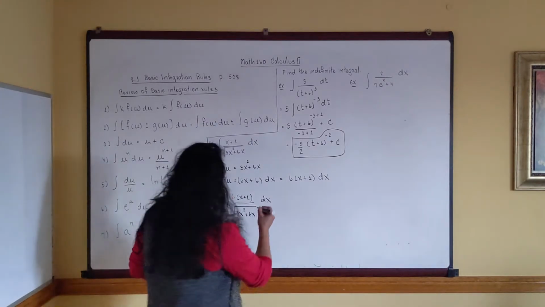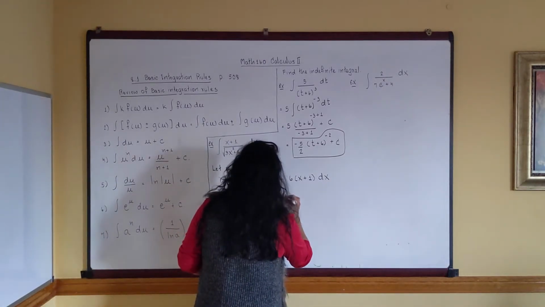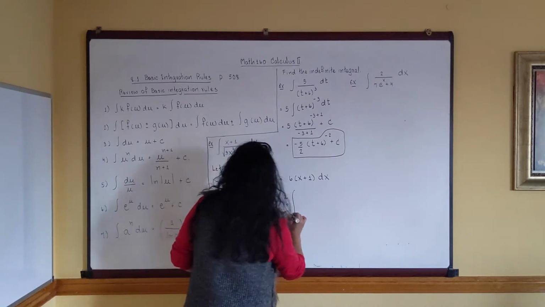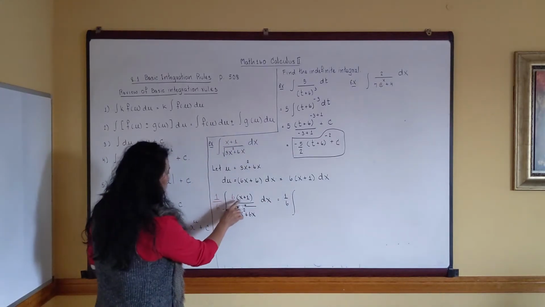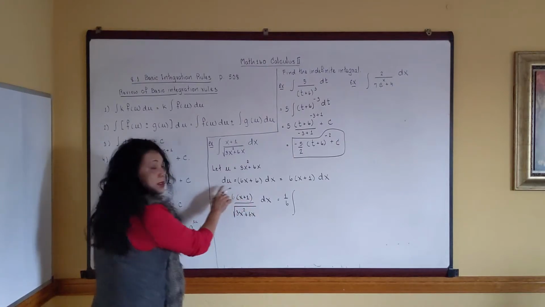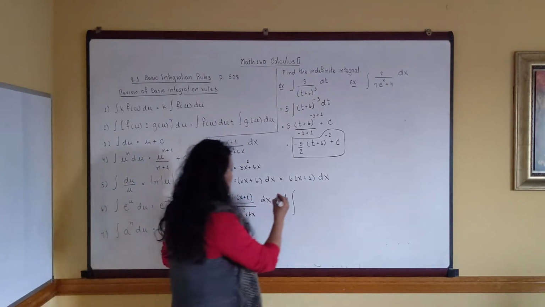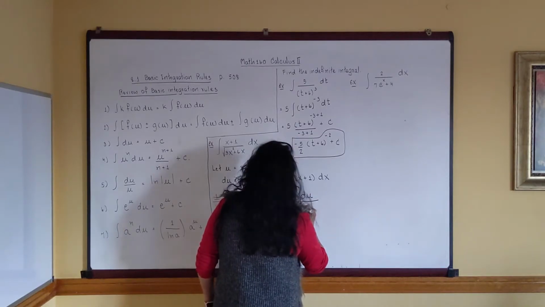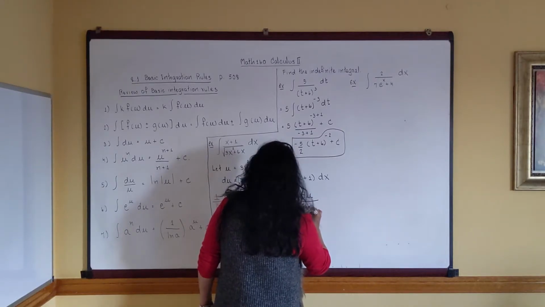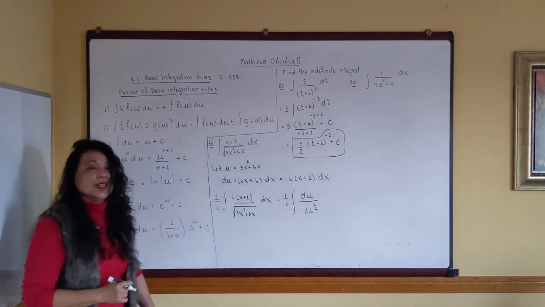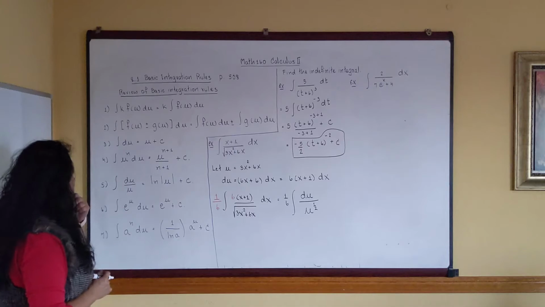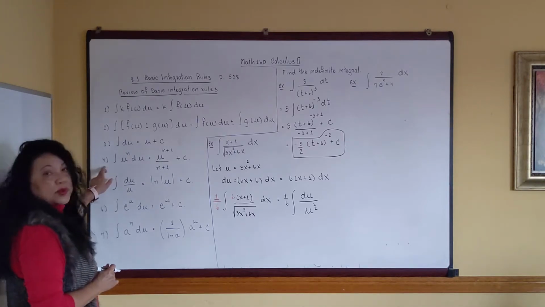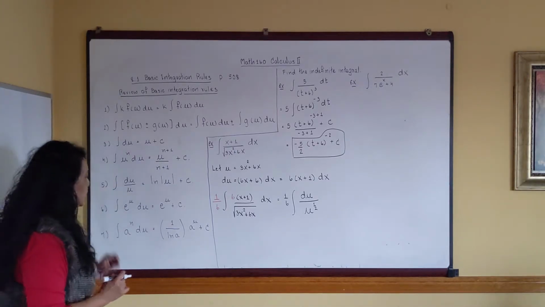Since I'm doing this, I have 1 over 6, and 6 times x plus 1 dx is my du. That's my du. And on the denominator, I have u to the 1/2. Let's see. Oh, I can use number 4. Now I see it.